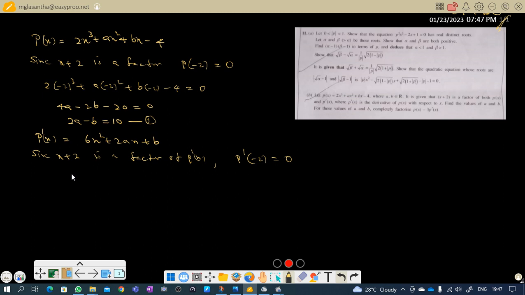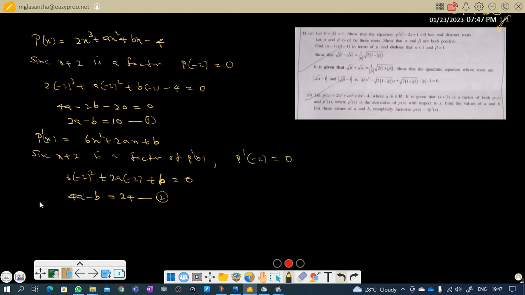If you substitute -2, this is 6 into (-2) squared plus 2a into (-2) plus b equals 0. That means 4a minus b equals 24.